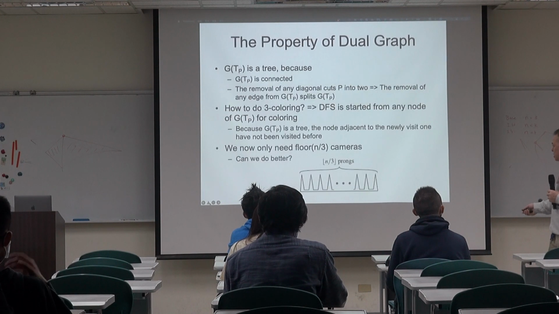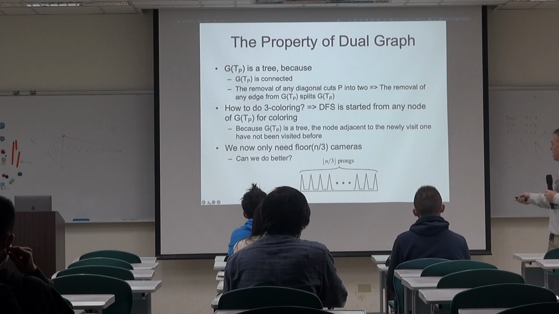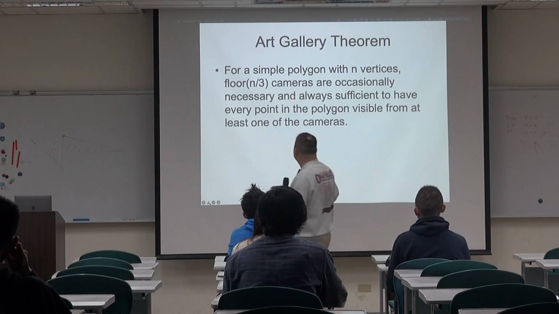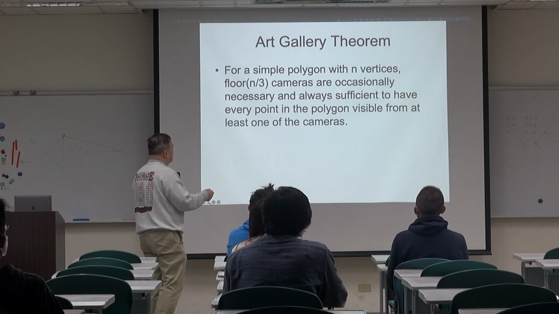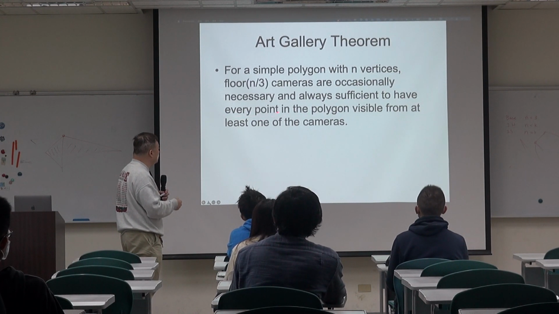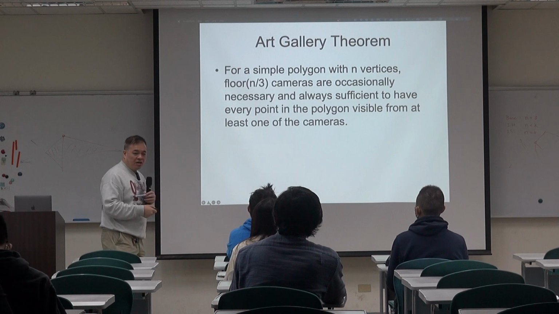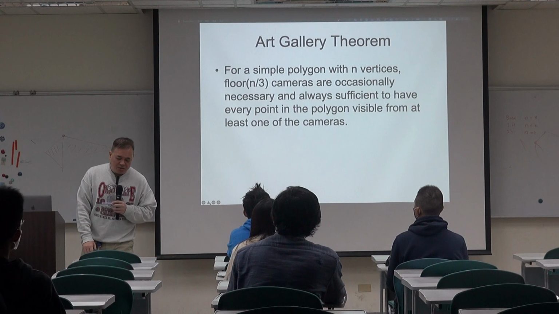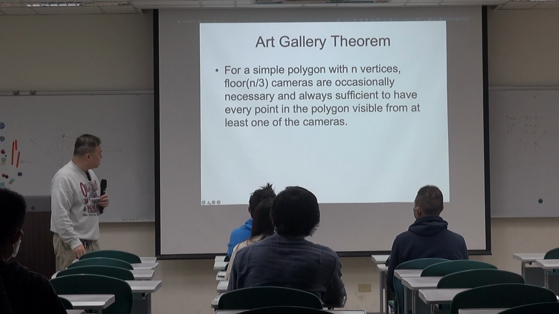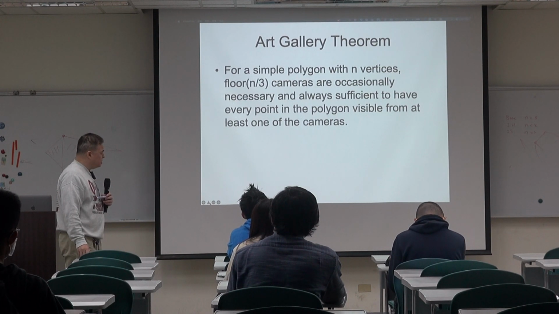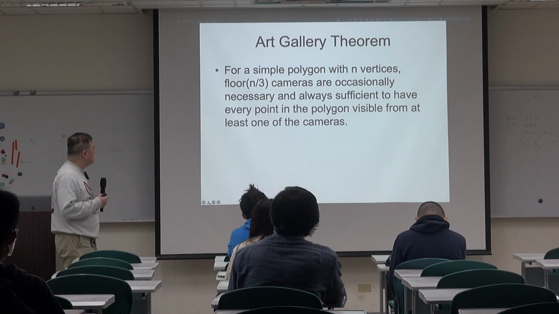Because we have a worst case here, and it is always sufficient to have every point in the polygon visible from at least one of the cameras. It is sufficient because we have proved by 3 coloring that n divided by 3 floor is sufficient.